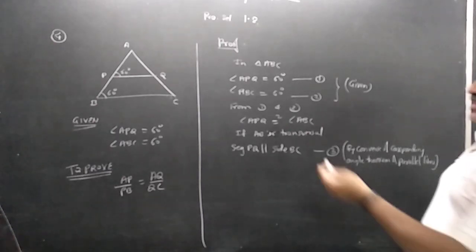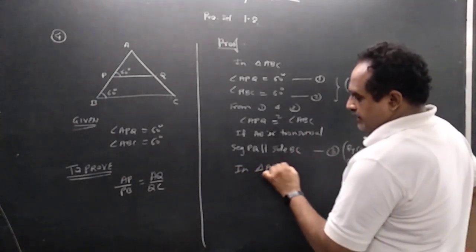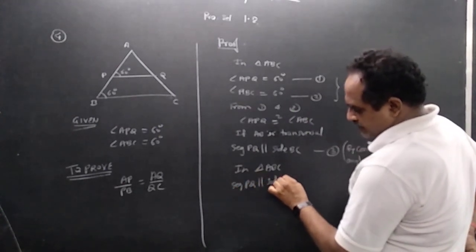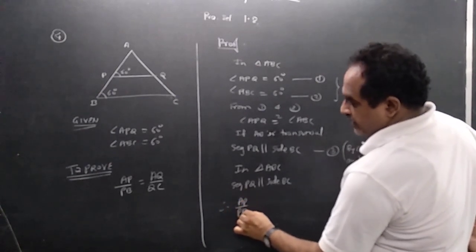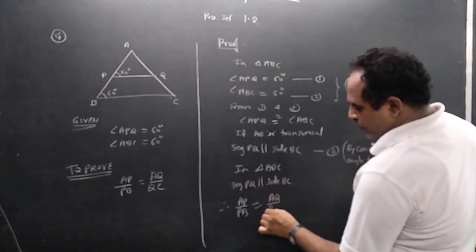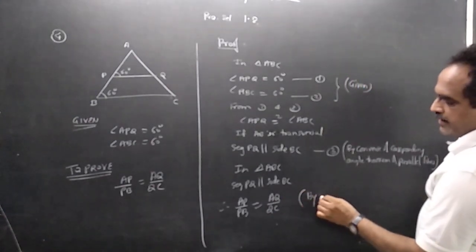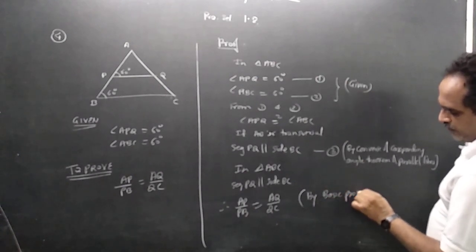So ultimately, in triangle ABC, segment PQ is parallel to side BC. Therefore, AP upon PB is equal to AQ upon QC. The reason for this is by basic proportionality theorem.